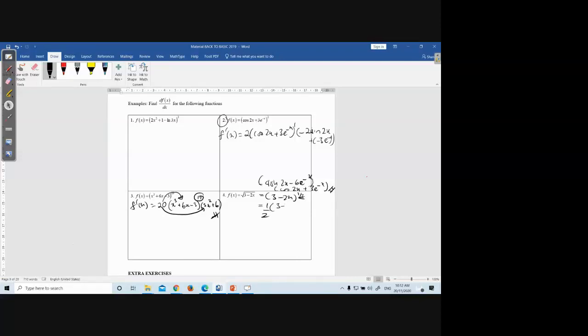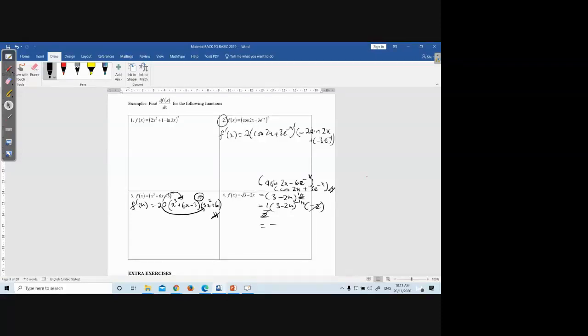So we have 1 over 2, we copy and paste what we have in the bracket, power minus 1 over 2, and differentiate what we have in the bracket, negative 2. So we can simplify this.